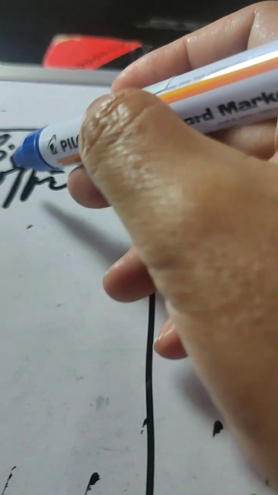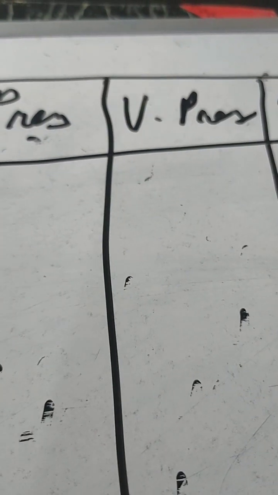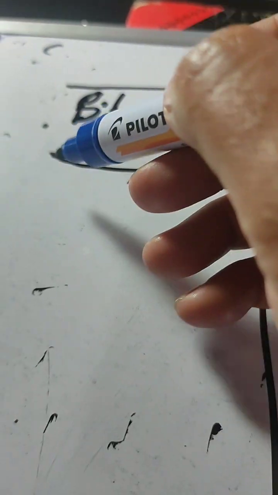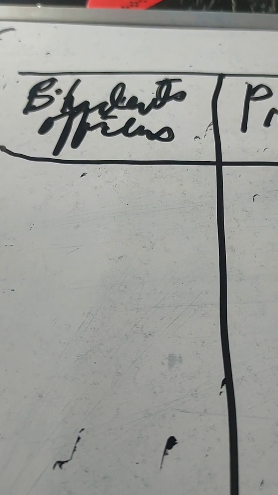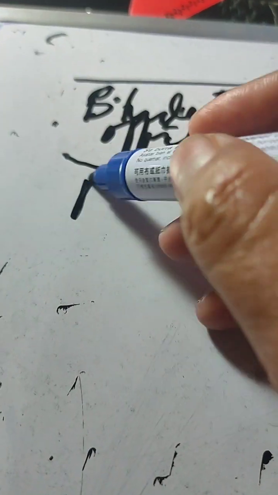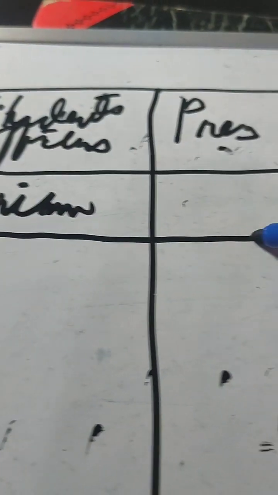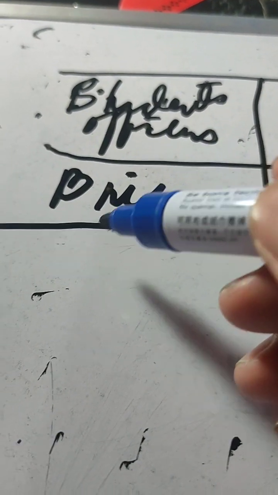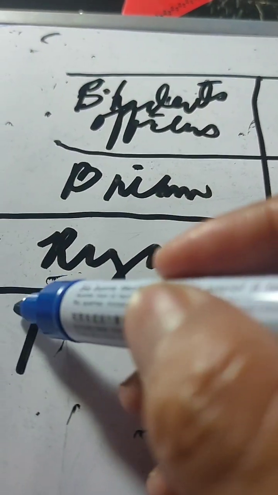With this, we have to label the following officers. We have Brian, then let's draw a line here. Then after Brian, we have Ryan. Then we have Tyler.